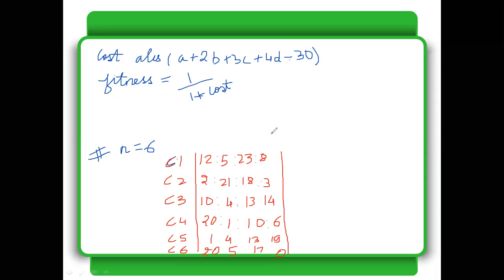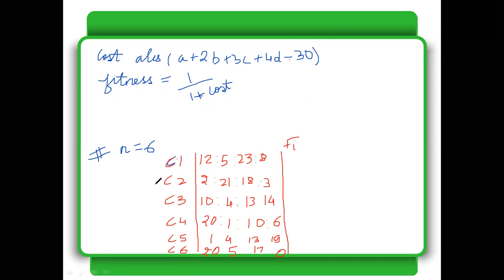Once we have this, the next thing is to calculate the fitness of each of my individuals. This is my fitness value Fi for each individual. You can first compute the cost function values.